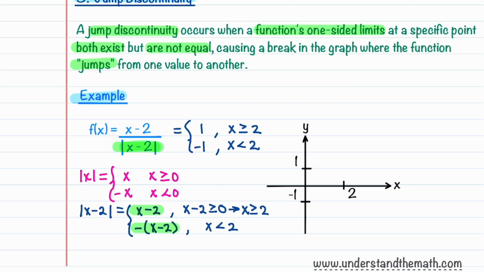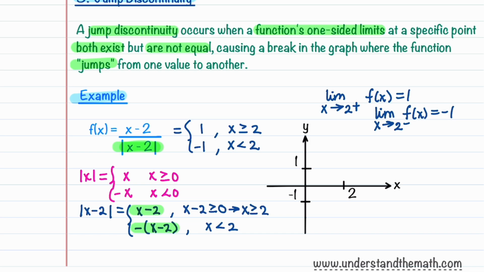You can then see that the limit as x approaches 2 from the right is equal to 1, and the limit as x approaches 2 from the left is equal to negative 1, and those two values are not equal. So our function has a jump discontinuity at x is equal to 2.